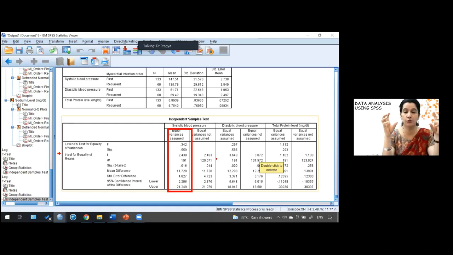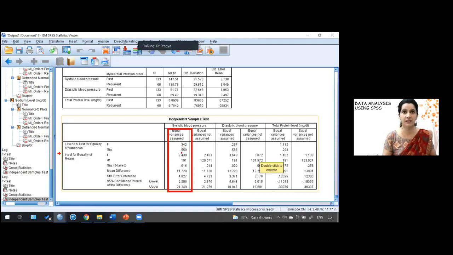So this is just to check whether the groups you have made are coming from the same population or not. Why? Because your main aim is to tell about the population value. So in this case, you have to see the significance value of Levene's test. If the p-value is more than 0.05, you take this row as your result for interpretation, because here the equality of variance is assumed.